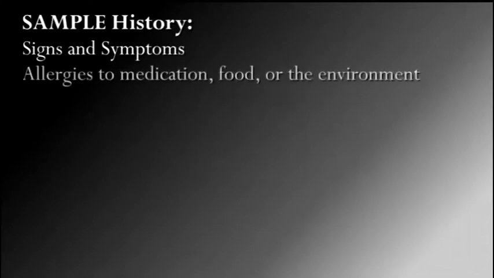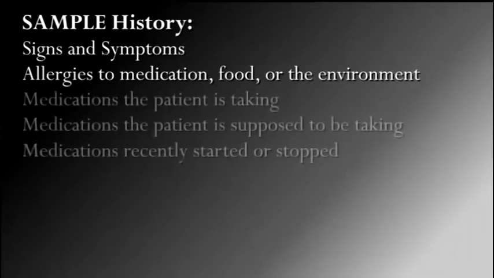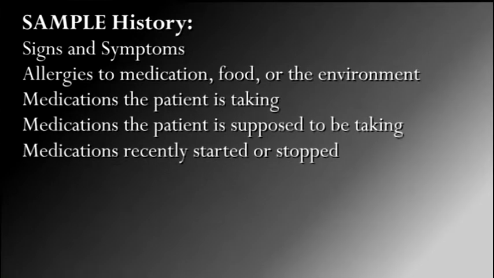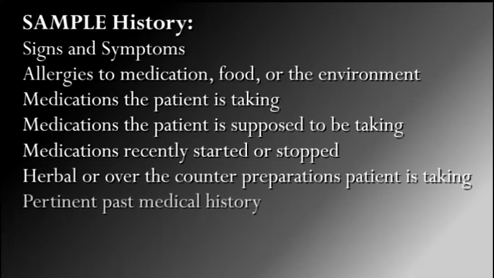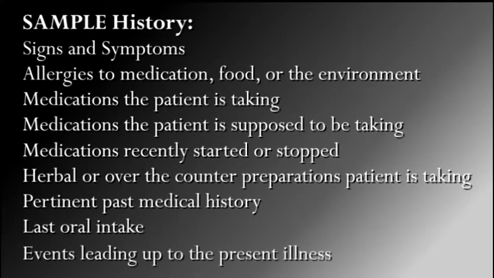Next, get a sample history to include signs and symptoms, any allergies the patient has to medication, food, or the environment, any medications the patient is taking or supposed to be taking, including any recently started or stopped, any herbal or over-the-counter preparations, pertinent past medical history, last oral intake, which is especially important when treating possible diabetic or allergic patients involved in trauma, and events leading up to the present illness.